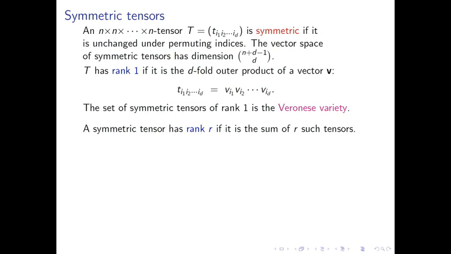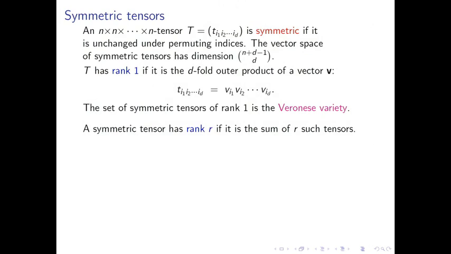Now a symmetric tensor has rank 1 in the symmetric sense if it's the outer product of the same vector with itself many times. So a symmetric rank 1 matrix is a column vector times a row vector, and they're the same vector. That's a symmetric matrix. And a symmetric tensor has rank r if it's the sum of r such tensors.